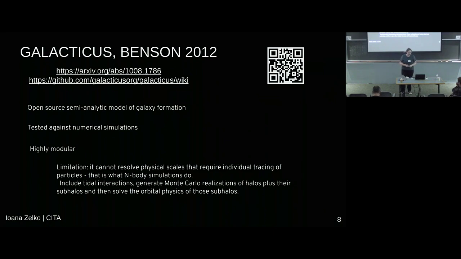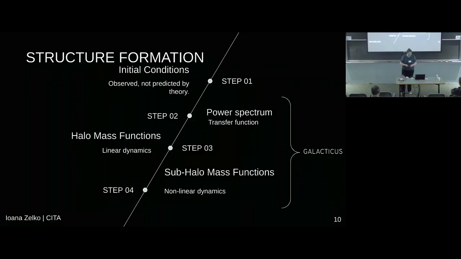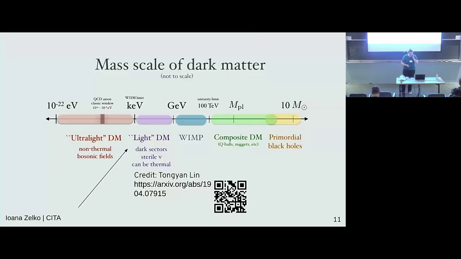And the advantage of it is that being semi-analytical, it doesn't take as much time as n-body simulations, but it is using the recipes derived in n-body simulations. And it's basically creating merger trees, and based on these merger trees, we can construct halo and subhalo mass functions for a given dark matter model. So basically these 3 steps are covered by Galacticus.